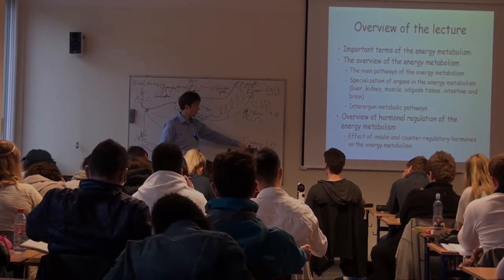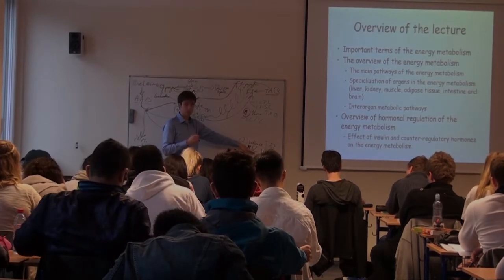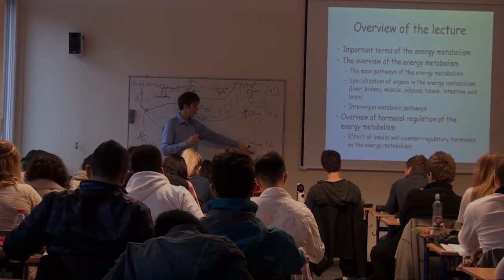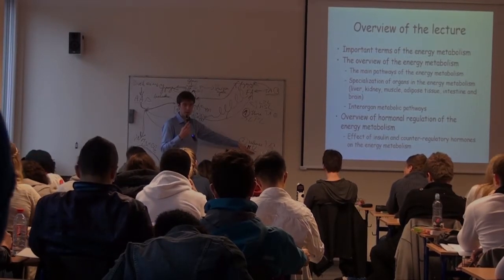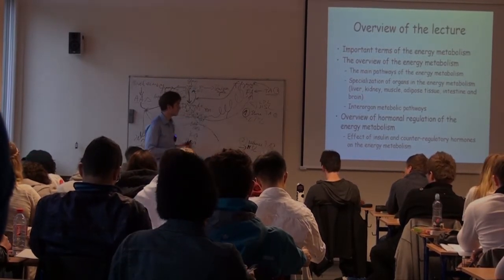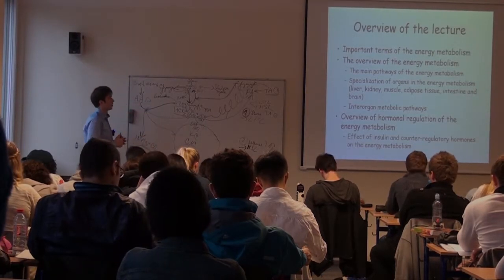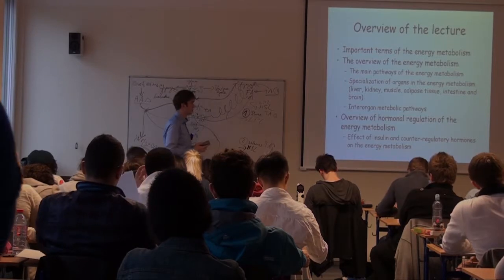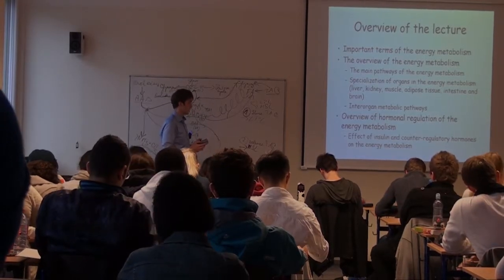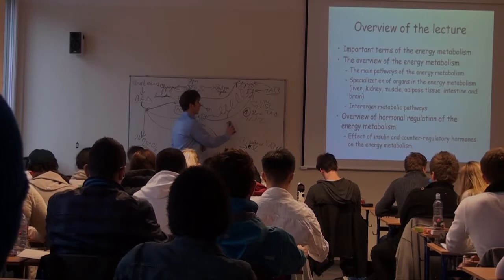This other lipase is catabolic, and it's active when we have lack of insulin in our body, when we have a lot of glucagon in our body. So that's about the role of adipose tissue in energy metabolism.